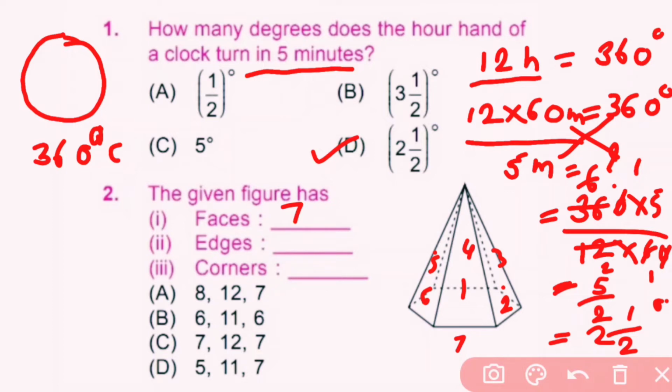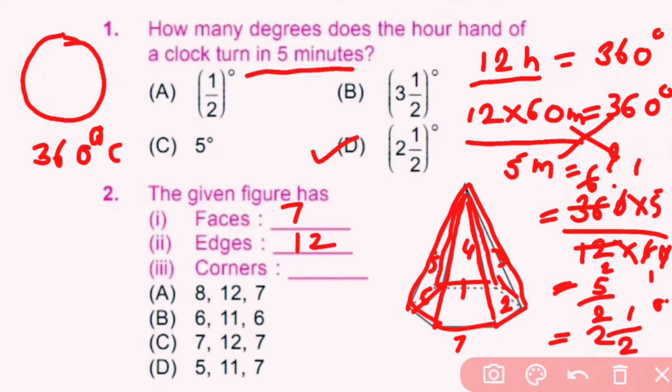Edges: this 1, 2, 3, 4, 5, 6, 7, 8, 9, 10, 11, 12. There are 12 edges. And corners: 1, 2, 3, 4, 5, 6, 7. 7 corners. So here C is the correct answer.